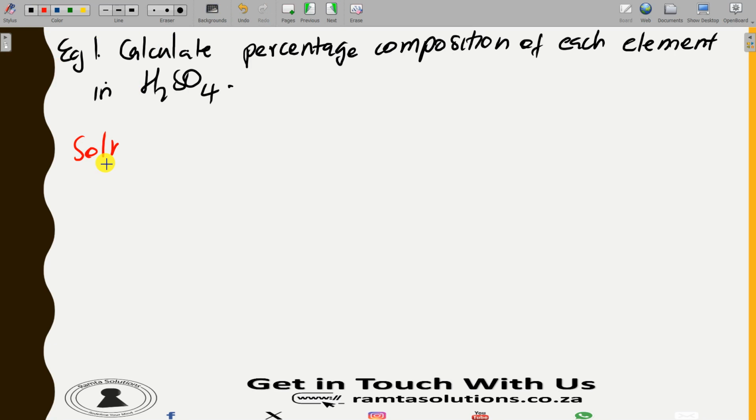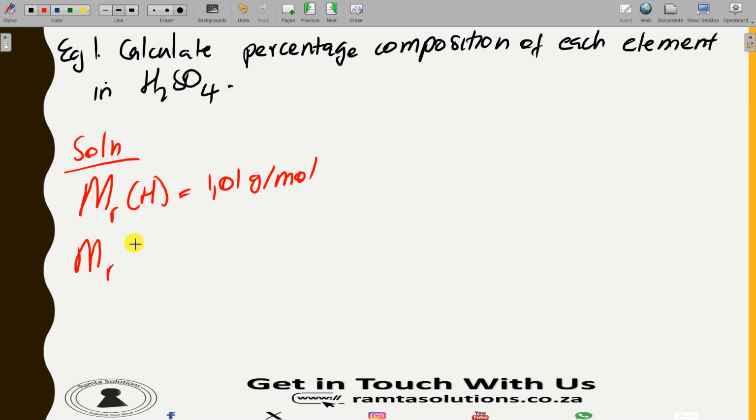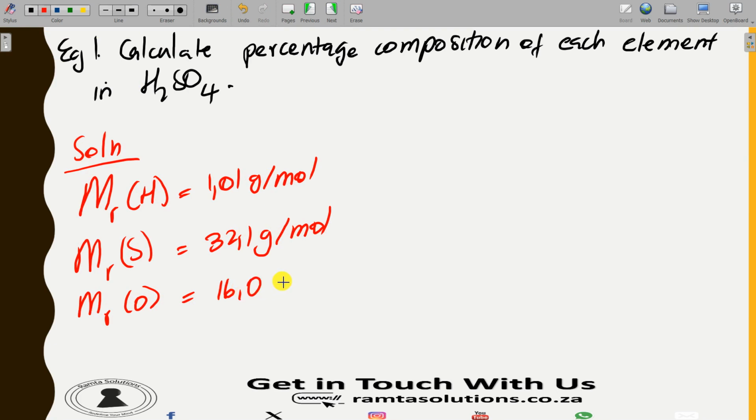For our solution, relative atomic mass, we're going to call it M. So M of H is 1.01 grams per mole, M of sulfur is 32.1 grams per mole, and oxygen is 16.0 grams per mole.